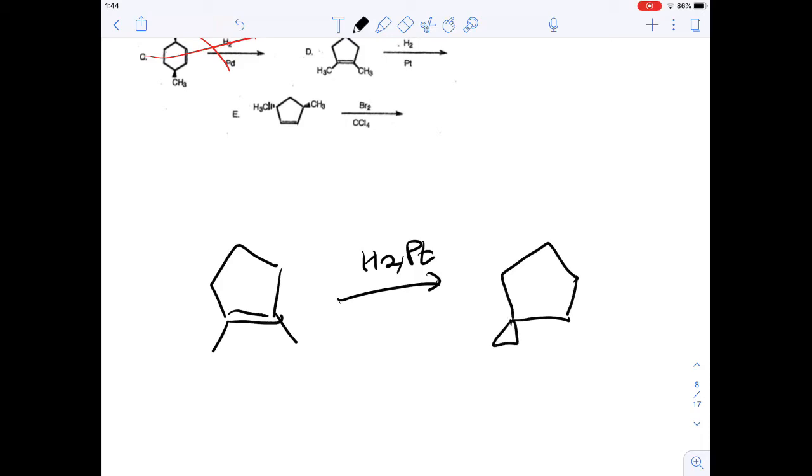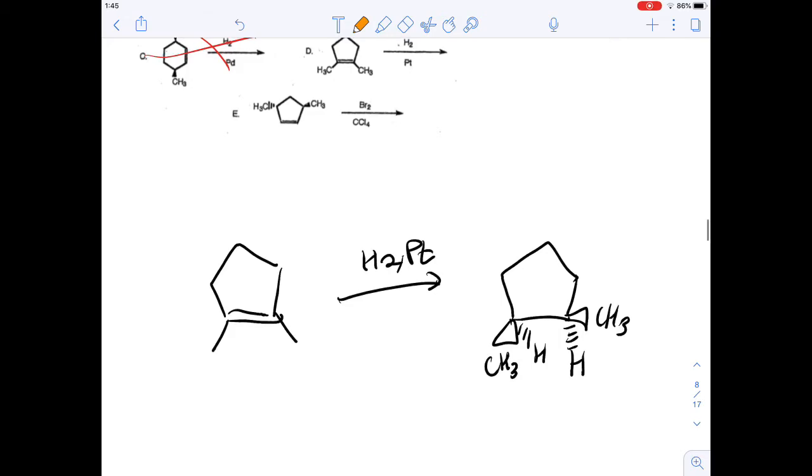All they're going to do is add across the double bond. So the CH3 is going to be on a wedge. The H is going to be on a dash. CH3 on a wedge. H on a dash. And let's do the stereochemistry for this one. So on the left side, okay, actually pause the video and try to do it first, just in case you haven't.